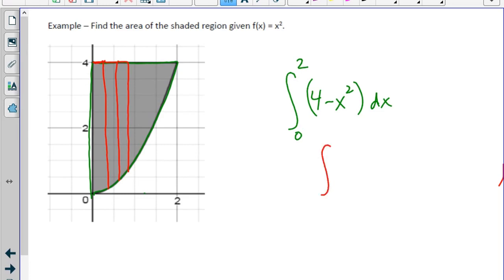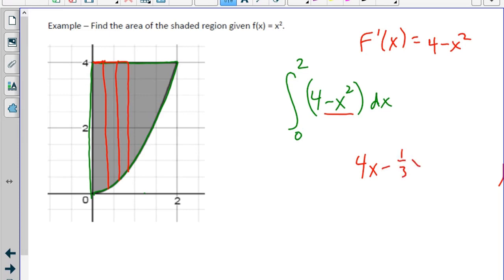When I take this integral from 0 to 2 of 4 minus x squared, if that is my f prime, one antiderivative of this function, ignoring any constants, would be 4x minus 1/3 x cubed.